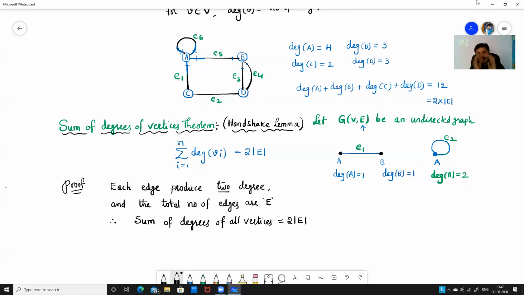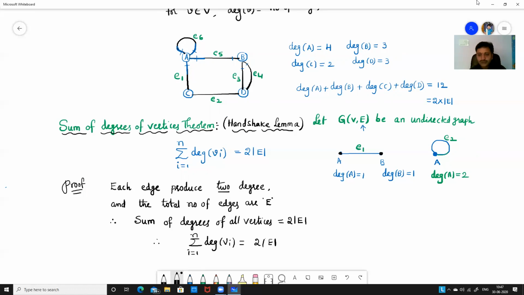If each edge is contributing 2 degrees, then the sum of degrees of all vertices must be 2 times the number of edges. So hence the theorem is proved. Summation i runs from 1 to n, degree of vi must be equal to 2 times the number of edges.